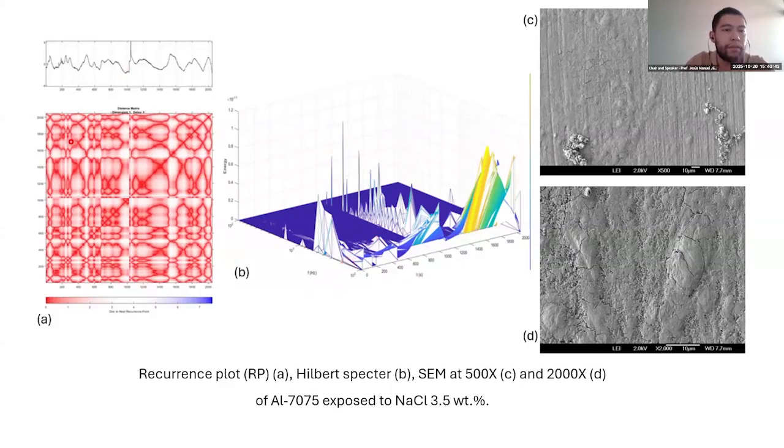In this part, the recurrent plot shows how these lines show how a localized corrosion occurs. So the system that is occurring in this media is localized.